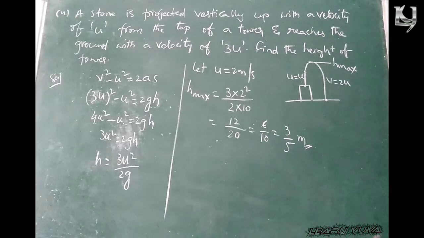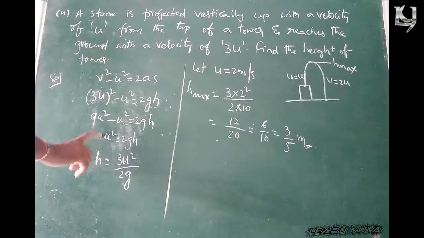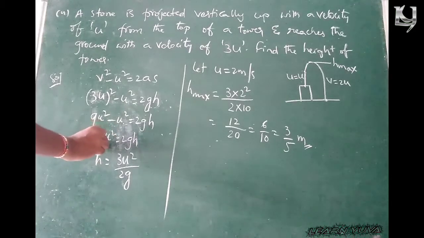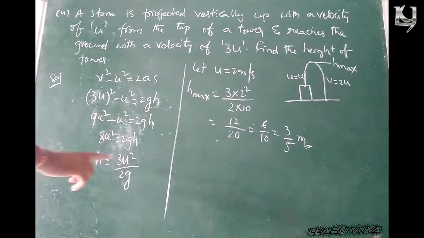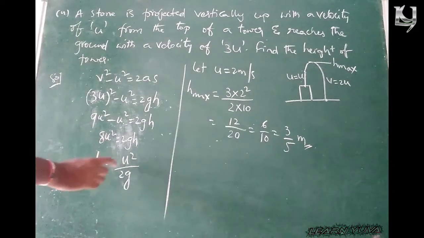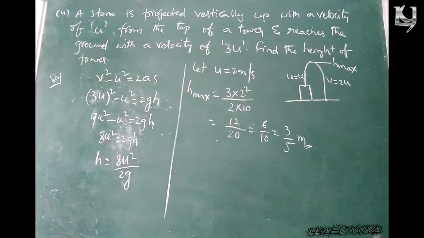3u square. So 3 square u square minus u square is nothing but 9u square minus u square, that is 8u square. It is 8u square by 2g.